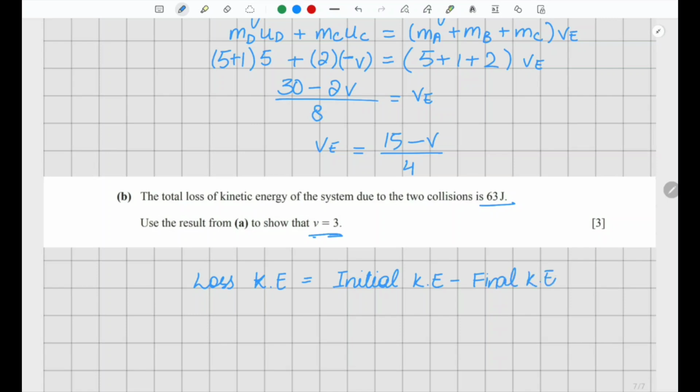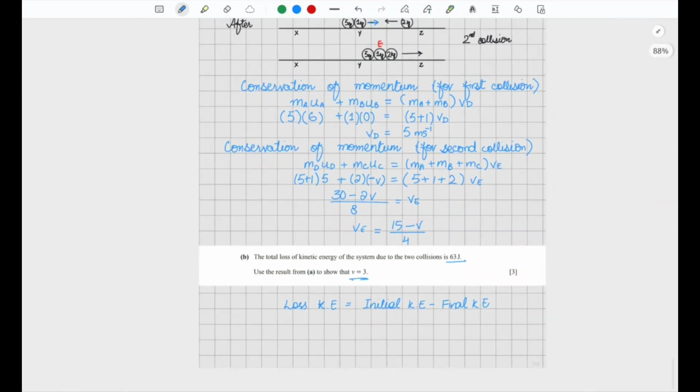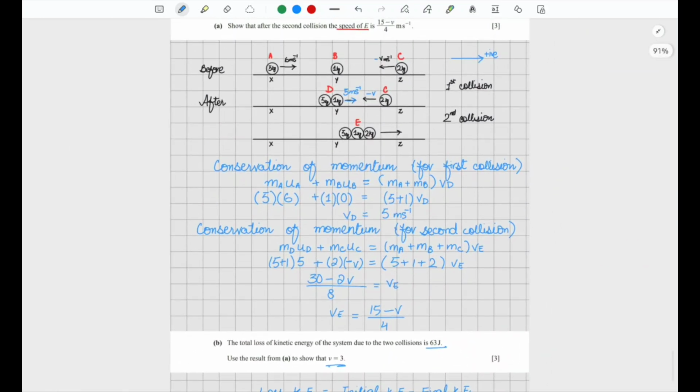Okay, what will be the initial kinetic energy? Initial kinetic energy, only particle A and particle C were moving, particle B was at rest. So initially only we have these two velocities, so we will be having these two kinetic energies only.